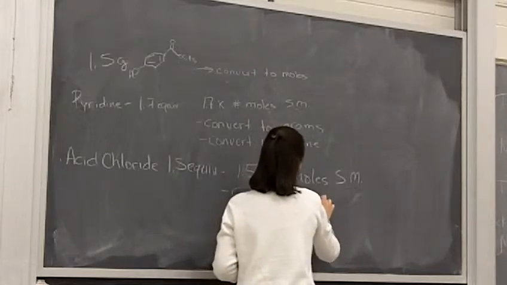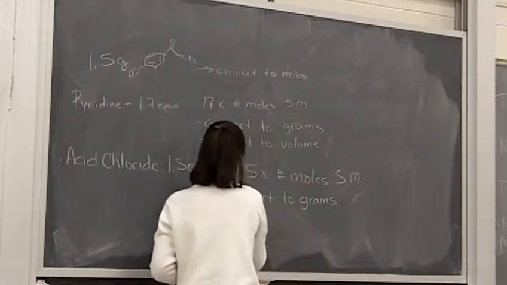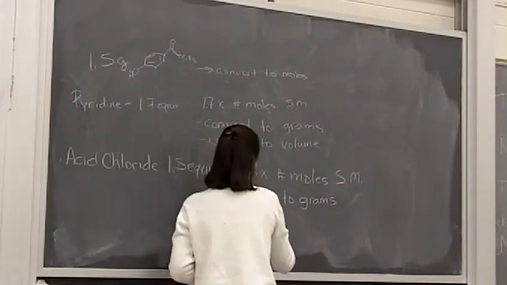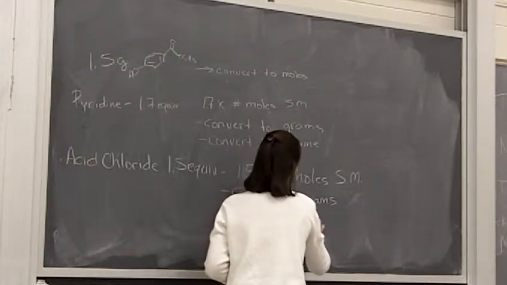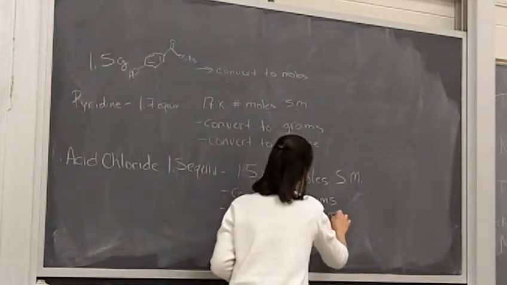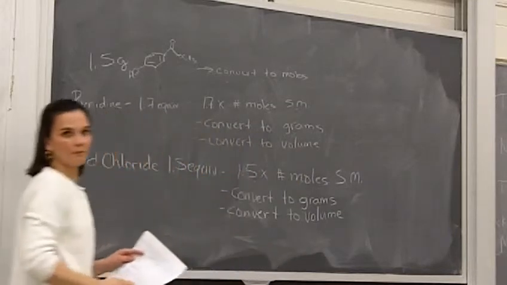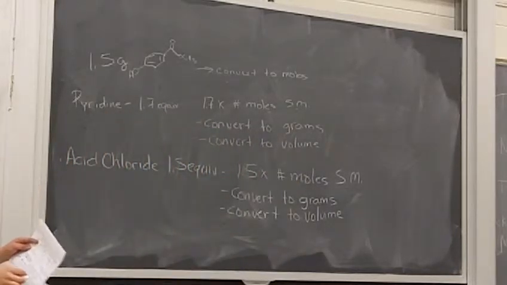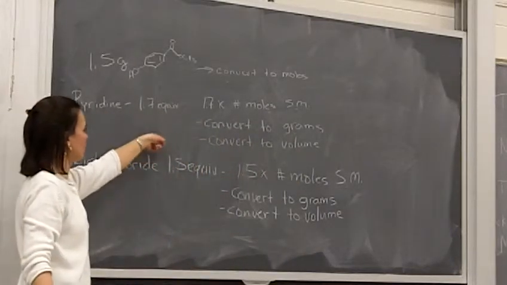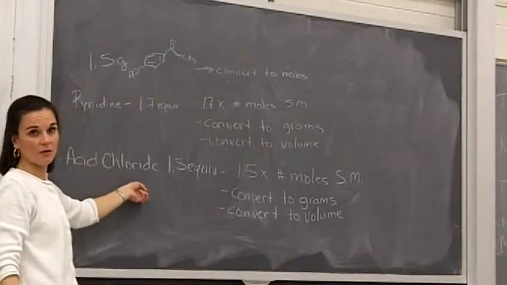And you're going to convert to grams, and then convert to volume. Okay, everyone good with that? Okay, so this is how you get your volume of pyridine to use, and how you get your volume of acid chloride to use.